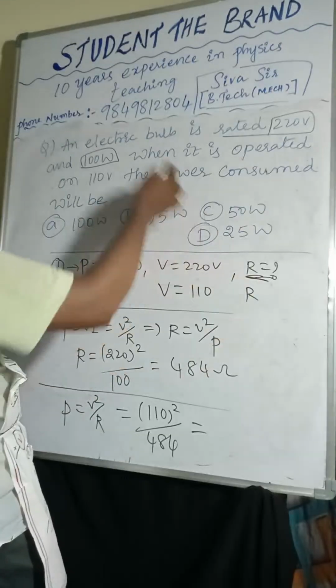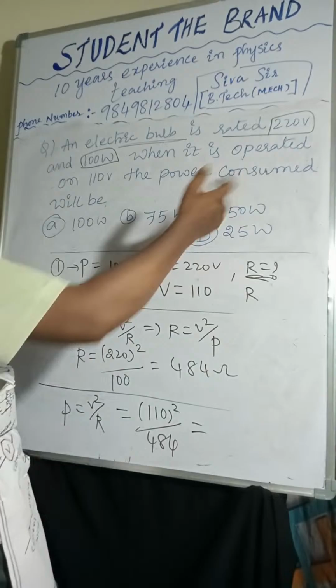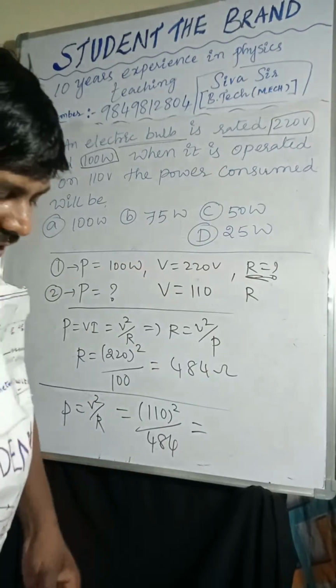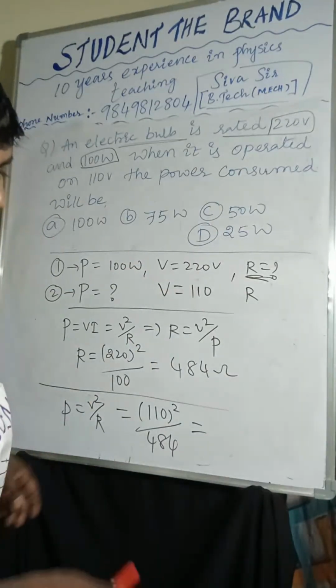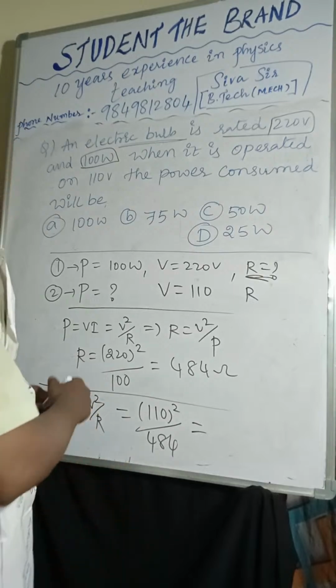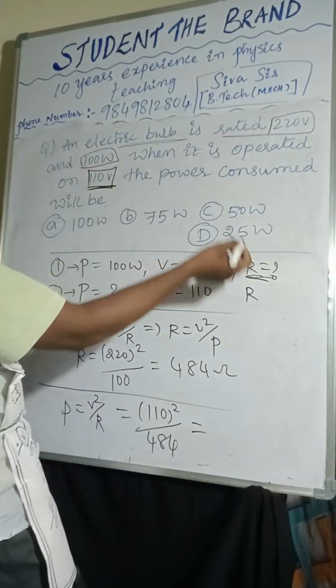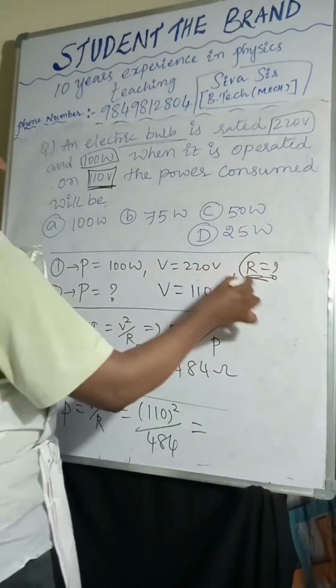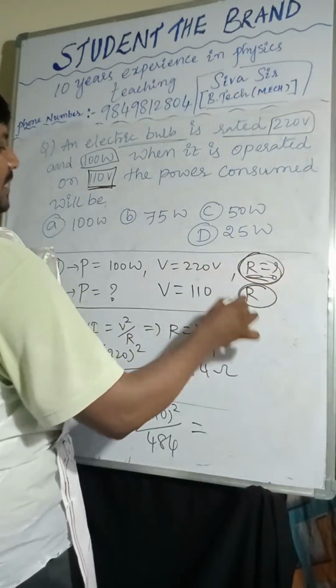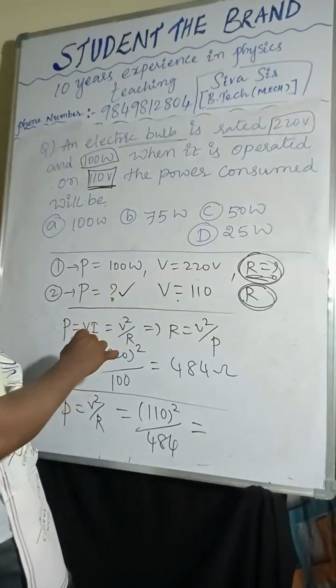So R is the same because the electrical bulb is operated at 220 and 110. So the resistance is the same. Find out the resistance. Resistance is there, voltage is there, then we can find out the power.